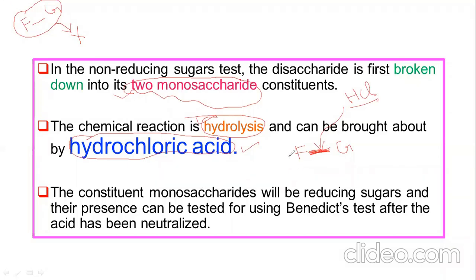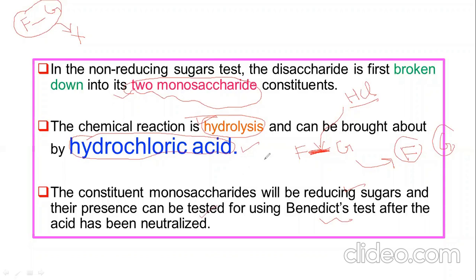So when you break this bond, you will get two monosaccharides, fructose and glucose. Now these constituent monosaccharides are reducing sugars, and their presence can be tested by using the Benedict test after the acid is neutralized.